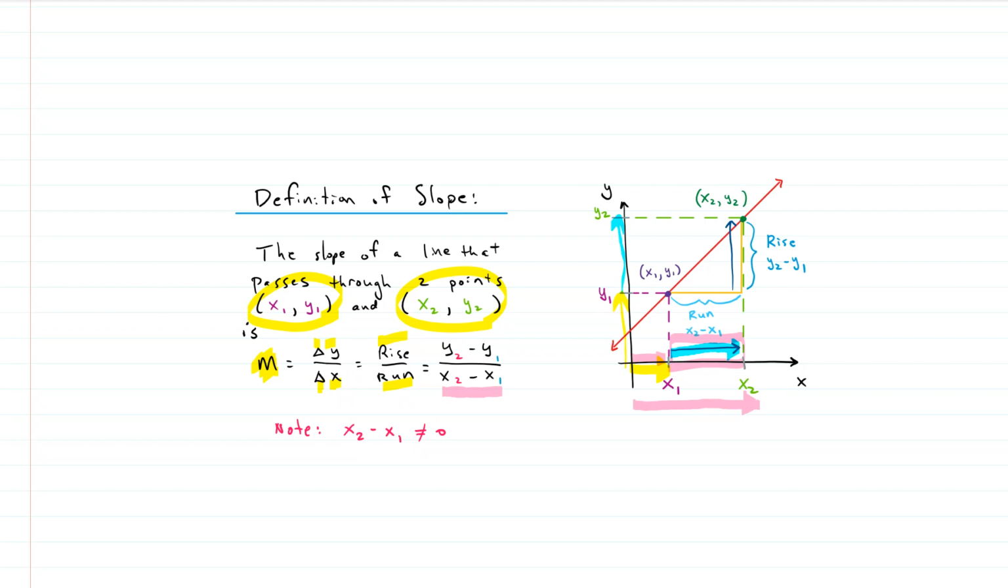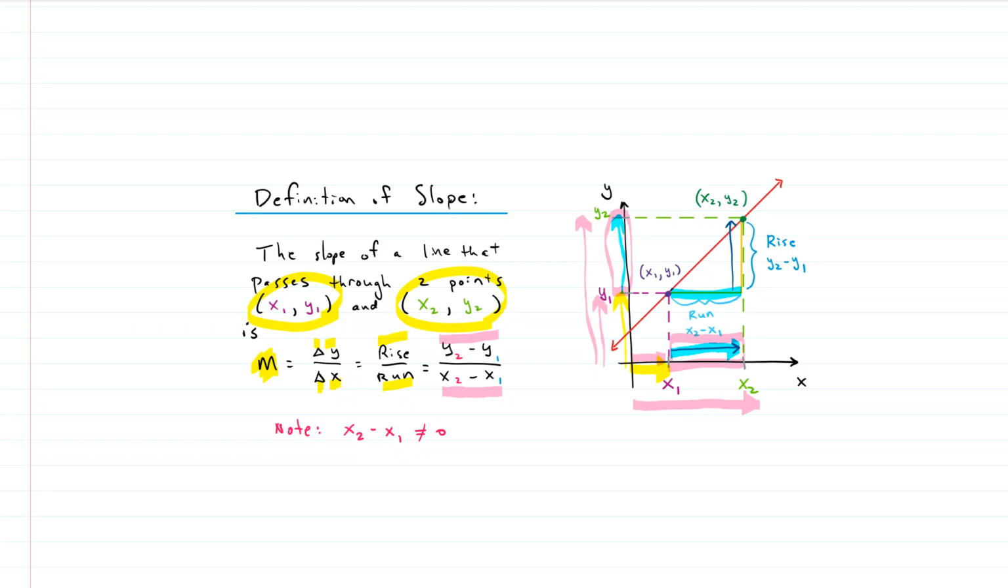So to get the difference there, we can take our y2 and subtract off the y1, and that gives us the distance moved from y1 to y2. So y2 minus y1 gives us the movement vertically, or the change in y.